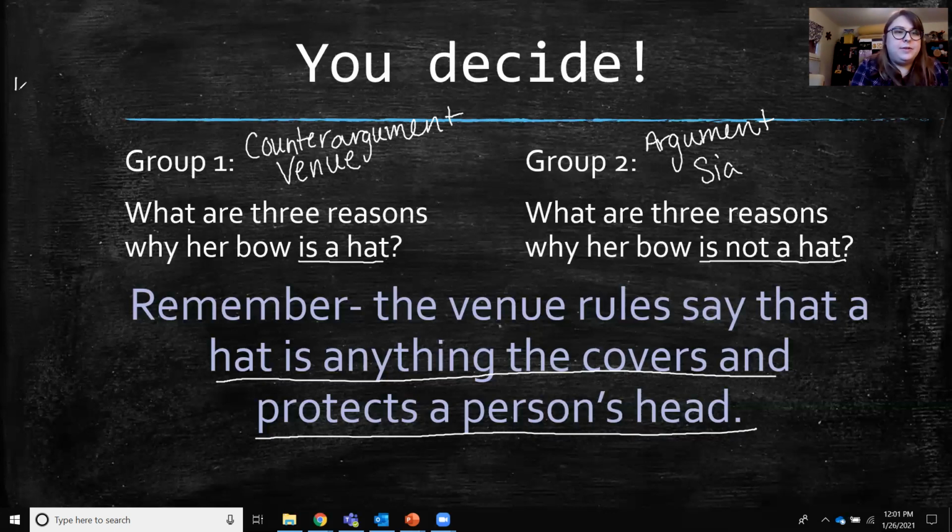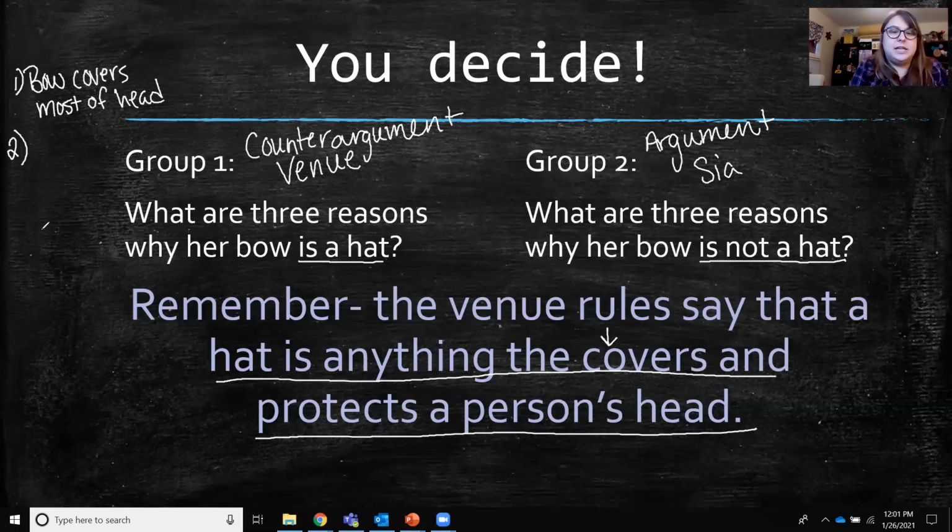So I need to come up with 3 reasons why her bow is a hat. So the first reason, I'm going to use that definition of covers here. I'm going to say that her bow covers most of her head. And for that reason, her bow counts as a hat. I'm going to say that that covering makes it work here.